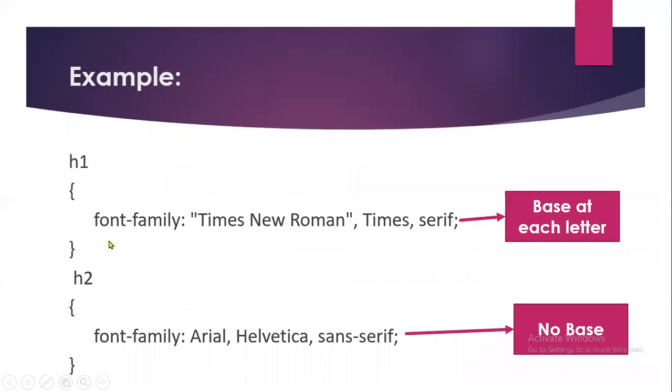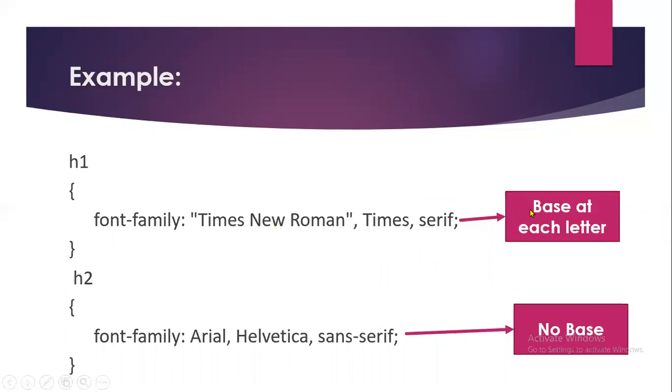Now we'll see an example. In the example you can see we have defined the h1 tag. Under the h1 tag we have defined the font family property. First of all, we write font family Times New Roman, then Times, then serif, that is, I have written the name of the generic family here.